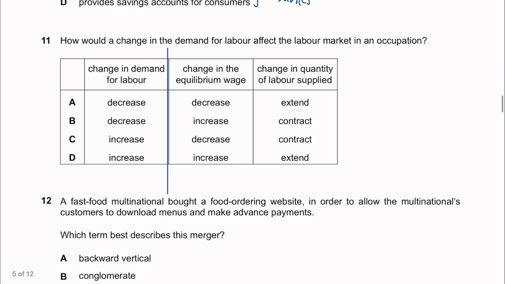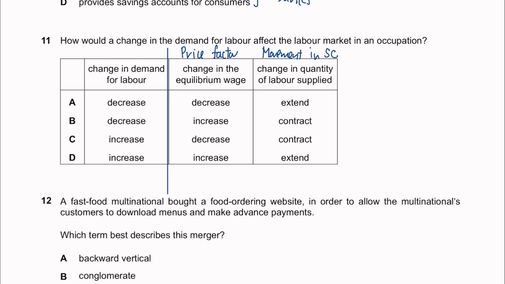So when there is a change in equilibrium wage, there is a price factor, so the price factor will result in movement along the supply curve. My mistake, sorry. Movement along the supply curve.